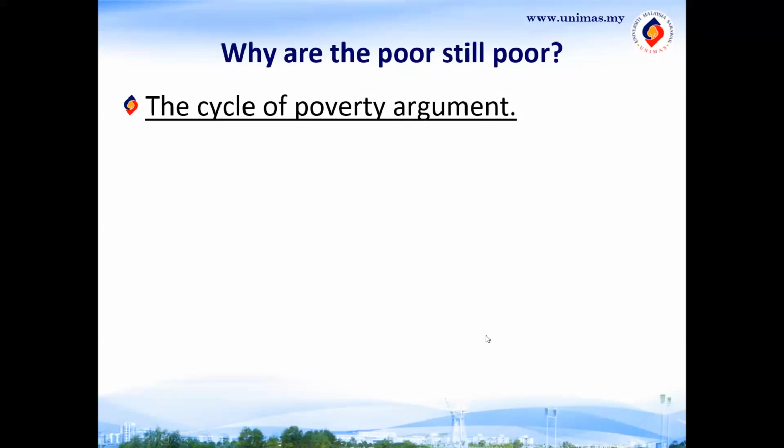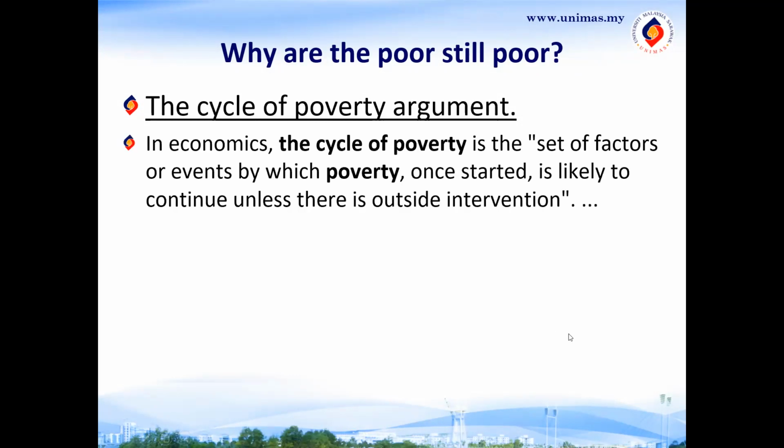Okay, so why are the poor still poor? There's so many more or less theory. Yeah, one of the argument is the cycle of poverty argument. Yeah, cycle of poverty argument. This is in economics. Yeah, term. The cycle of poverty is the set of factors or events by which poverty, once started, is likely to continue unless there is outside intervention.